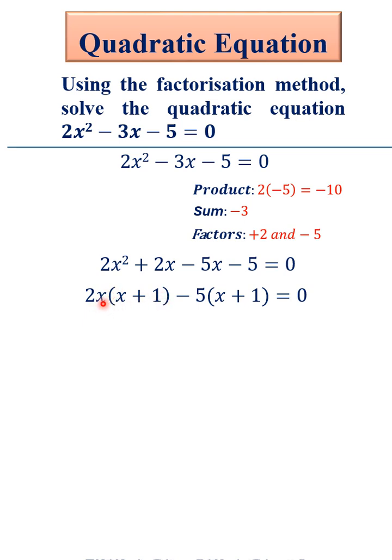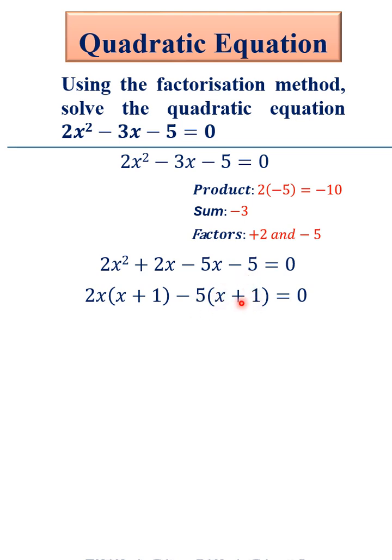What is left is that we divide 2x² by 2x, and what is left is x. Plus 2x into 2x, what is left is 1. Minus what is common between 5x and 5 is 5. If 5 divides 5x, 5 cancels 5, and what is left is x. 5 divided by 5 is +1.